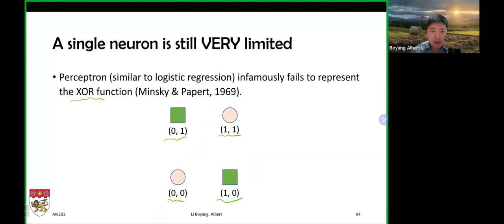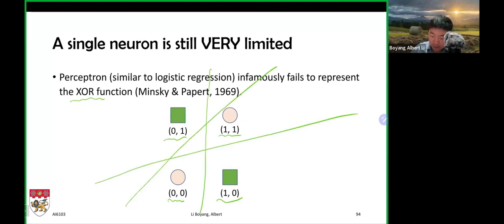It turns out that there's no way for you to separate these two classes of points with only a straight line, right? You can draw any straight line you want, and it will not perfectly separate the green squares and the pink circles.